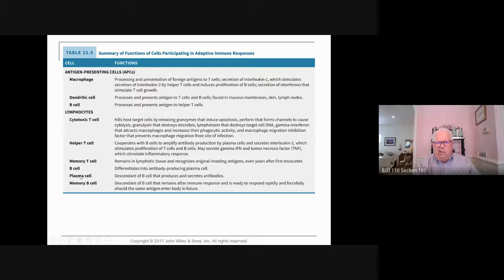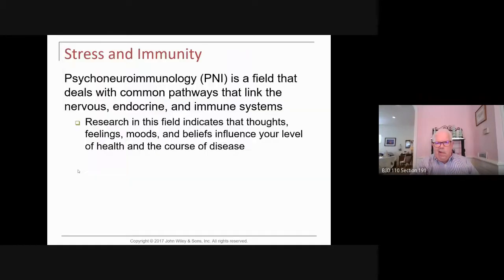B cells will differentiate into a plasma cell, which will also produce antibodies, and you also have memory B cells. More important is cytotoxic Ts, helper Ts, and B cells. Very important cells in your immune system. Specificity and memory. Okay?